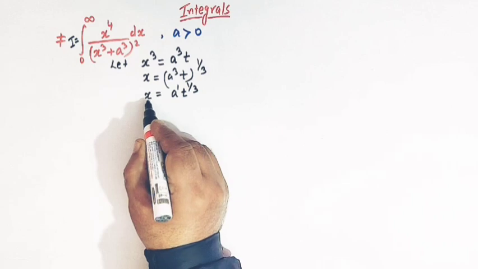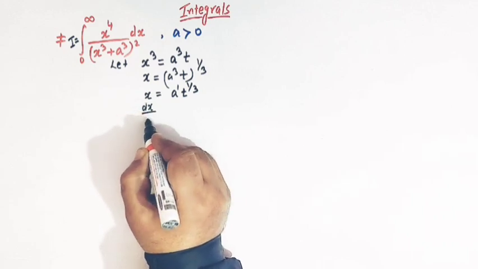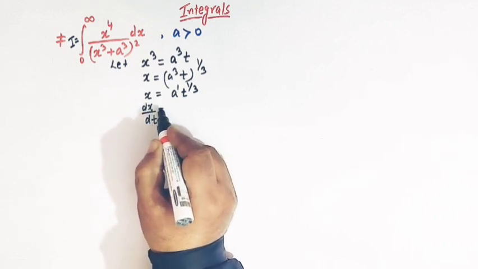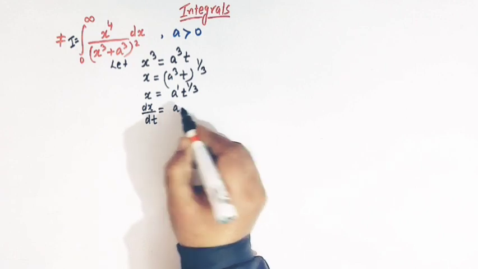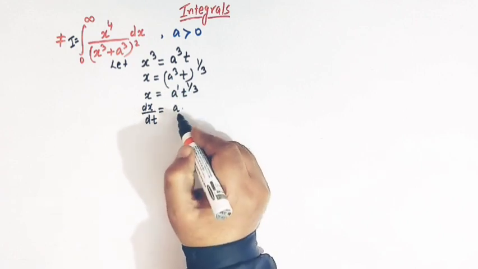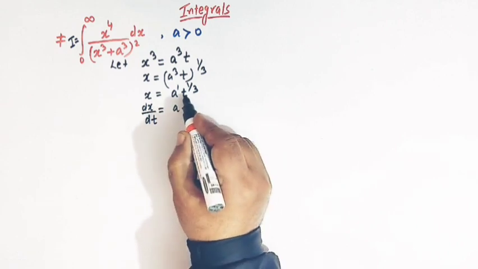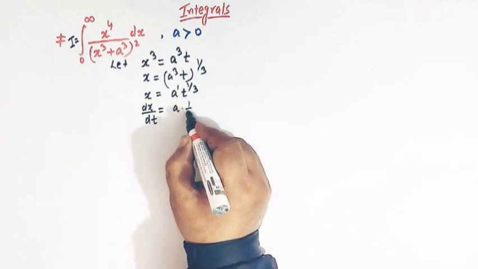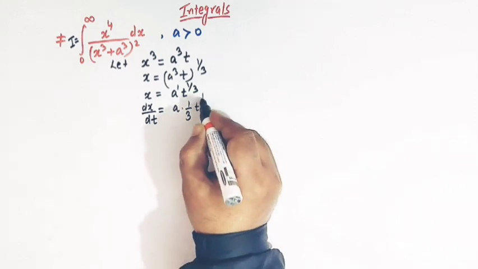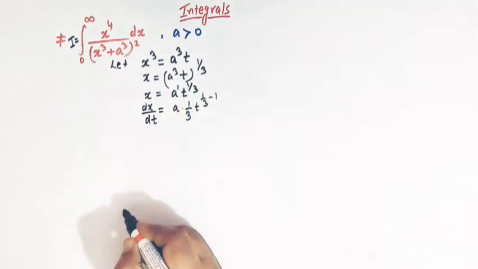Now let us differentiate x with respect to t. So we have dx over dt is equal to a. Being a constant, we can keep a as such, and the derivative of t raised to 1 by 3 is 1 over 3 t raised to 1 over 3 minus 1.